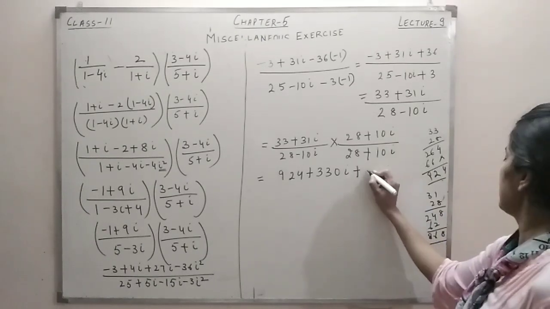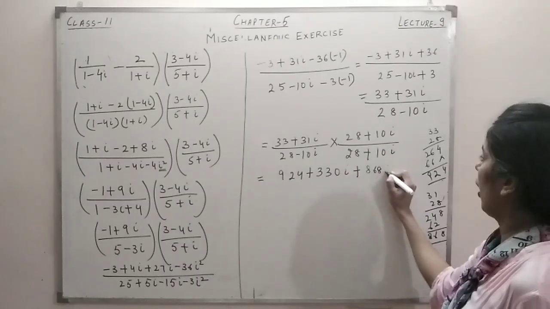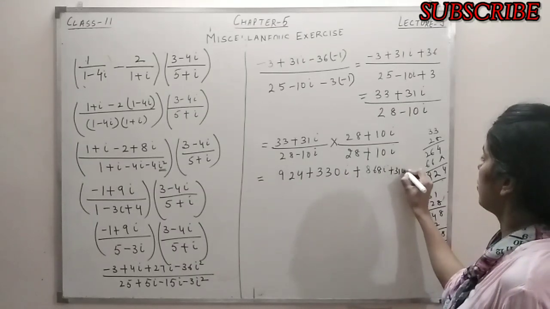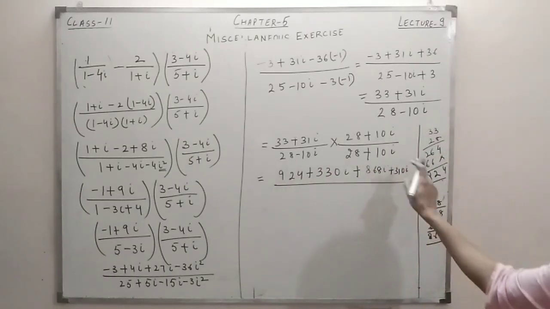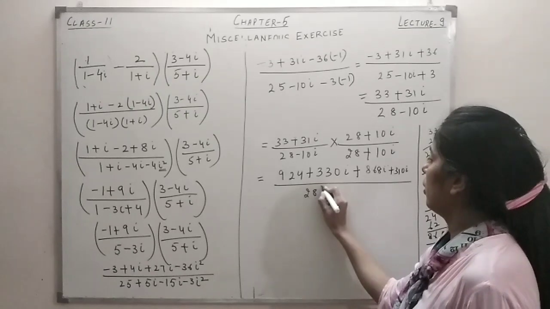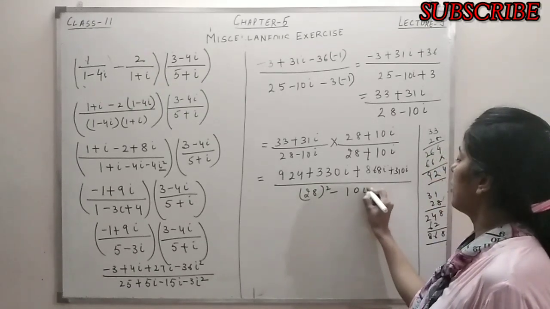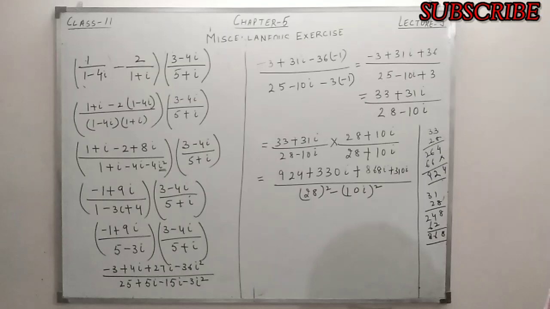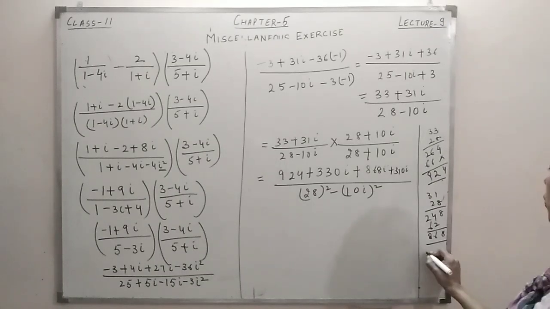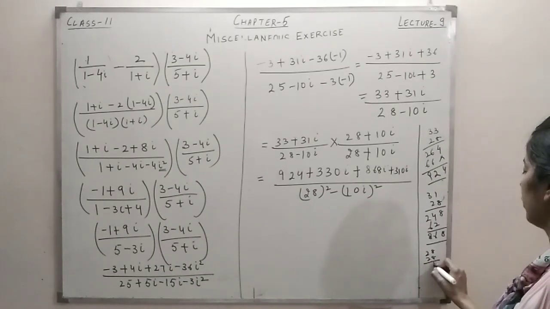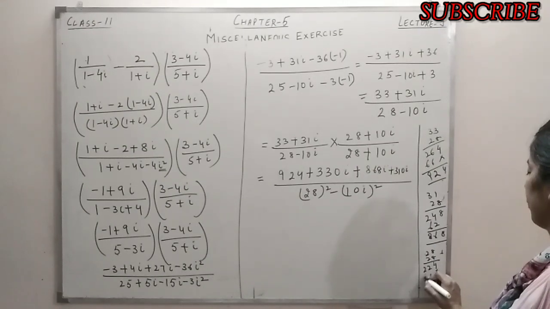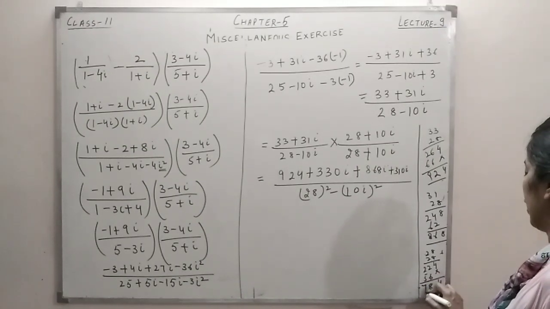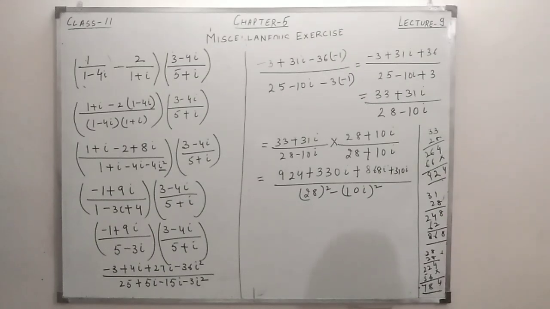That is what? 868i plus 310i square. Right? Upon, that is a square minus b square, that is 28 square minus (10i) whole square. Right? So what is 28 square? Solve it. That is what? 784.